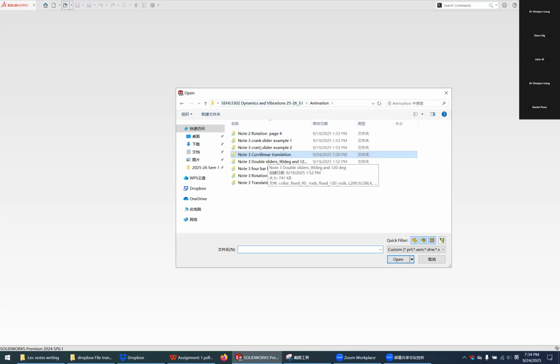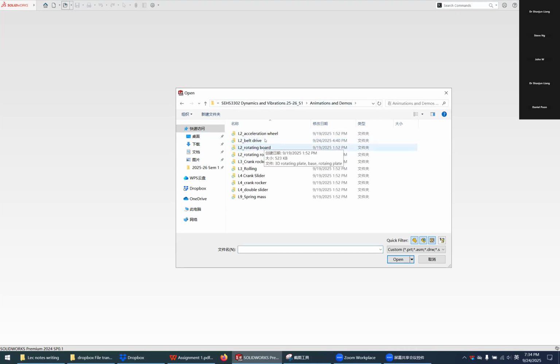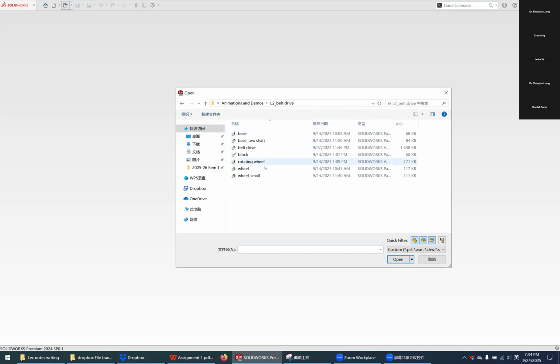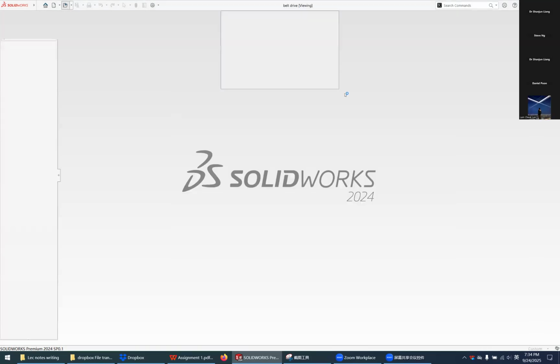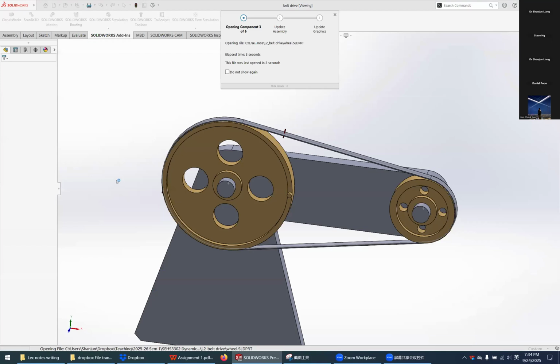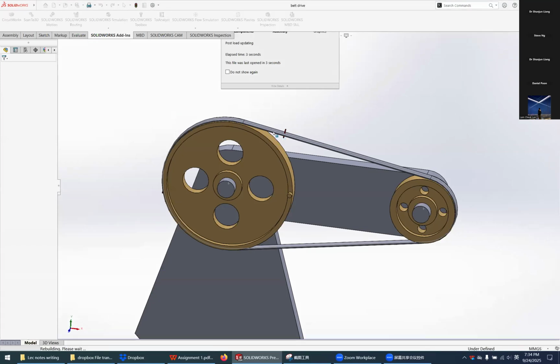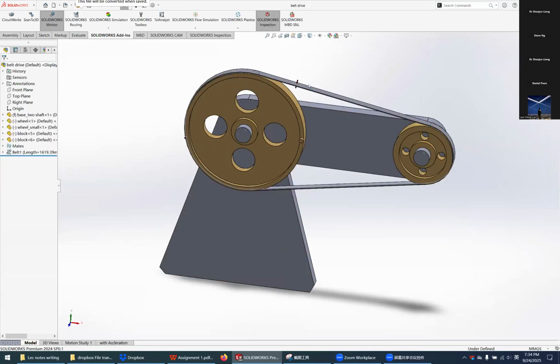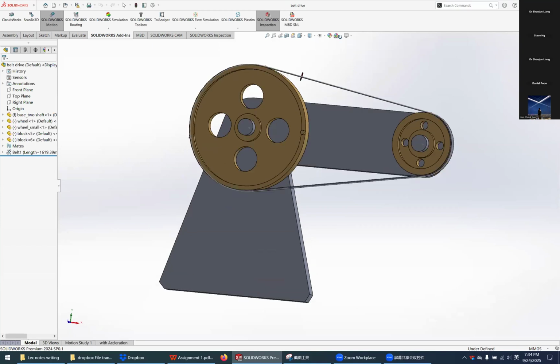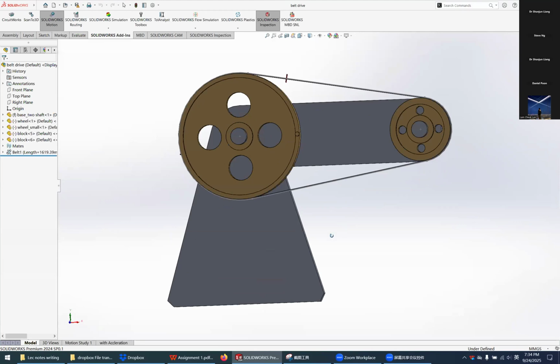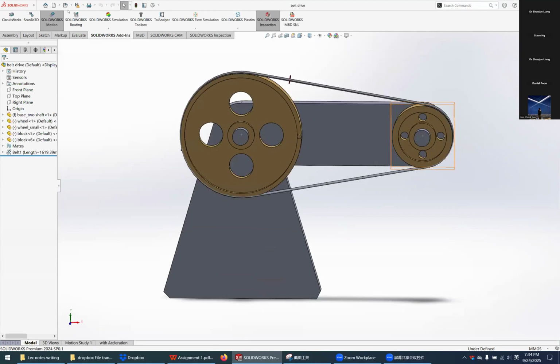See the belt drive here. Okay, so you can see two wheels here, right? Let's look at how it moves.